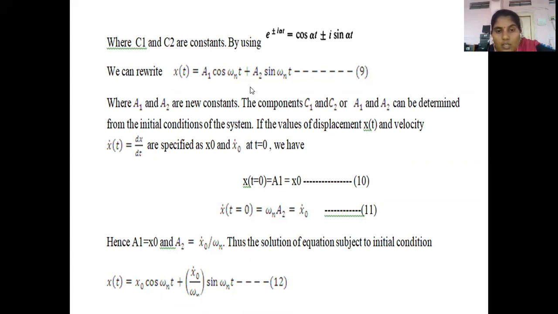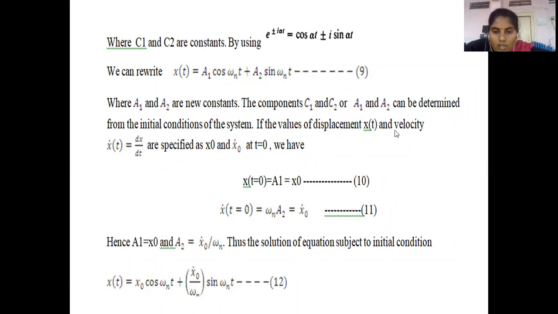In the second term, plus a2 into sine of omega nt. A2 is the constant, and the derivative of sine is cos omega nt into omega n. We have to put this at time t equal to 0. The velocity at time t equal to 0 is v naught or x dot naught.